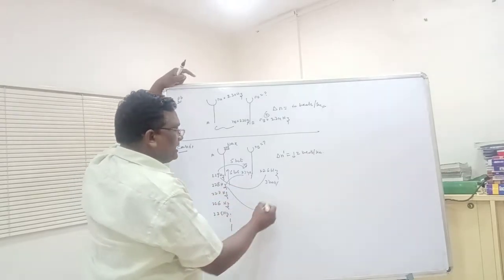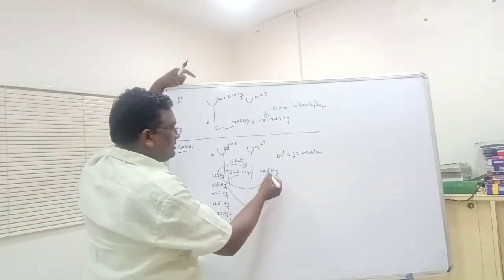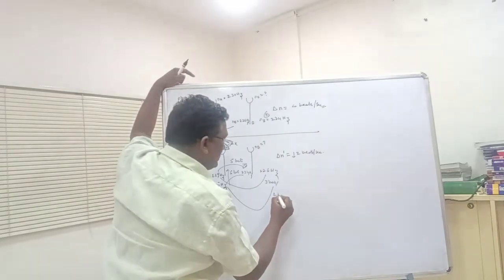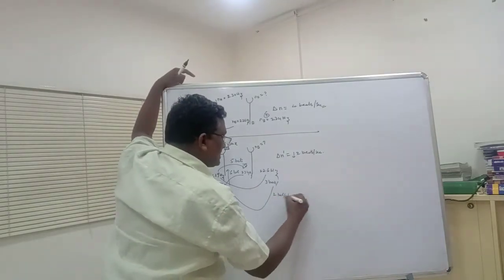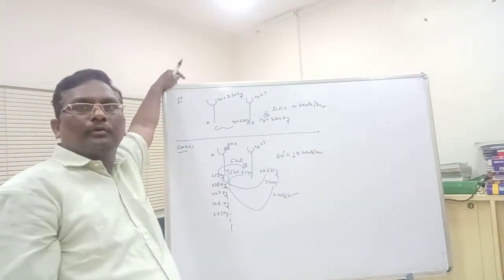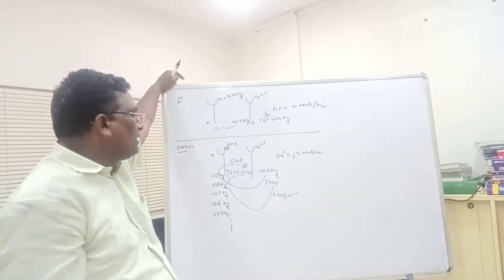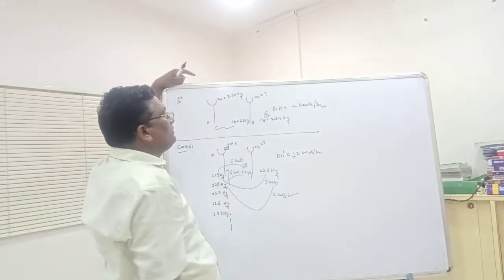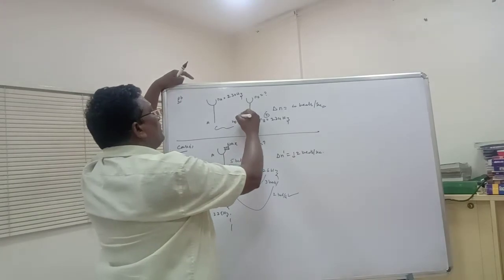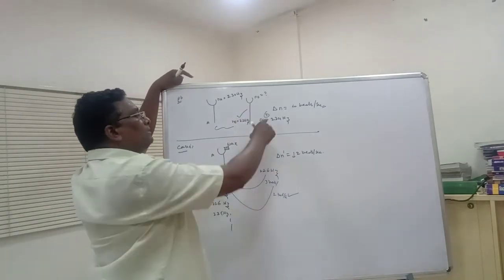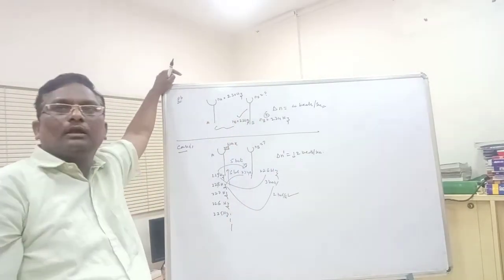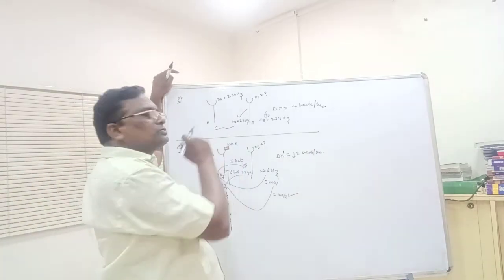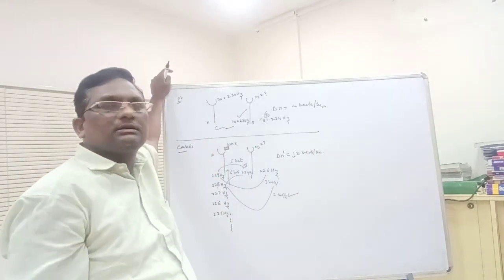Now you can check it. 228 minus 226, 2 beats per second, satisfied. Means now what is the frequency of tuning fork B? 226 is correct, not 234. So the answer is 226.